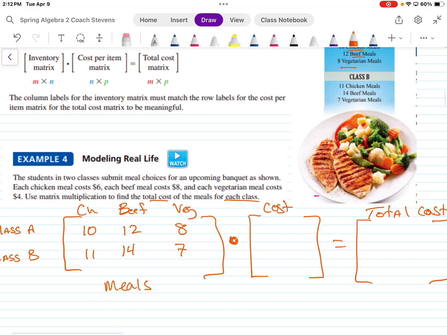So they tell us that chicken is 6, and now here's the key thing. When I set my cost matrix up, I got to go in the same order I did on top. I got to go down vertically: chicken, beef, veggie. And we know that chicken is $6, beef is $8, and a veggie is $4.